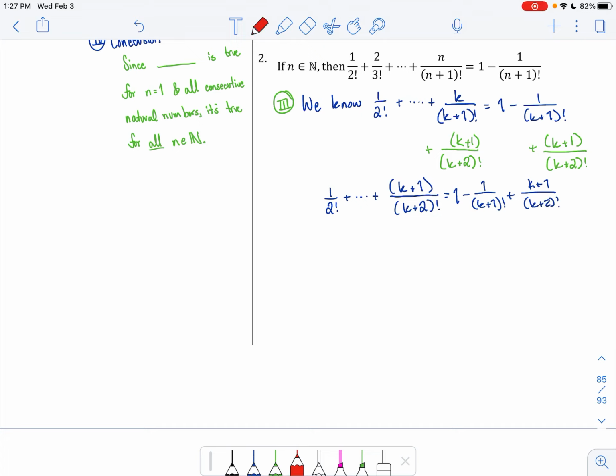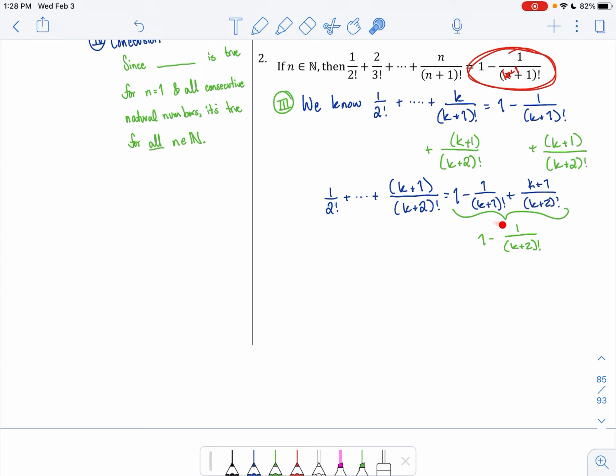What we want on this side is for it to look like this, except with n equal to k plus 1. So we want 1 minus 1 over k plus 2 factorial. Because I know this, I'm going to leave this 1 here, since that directly corresponds, and I'm going to try to combine these two fractions.